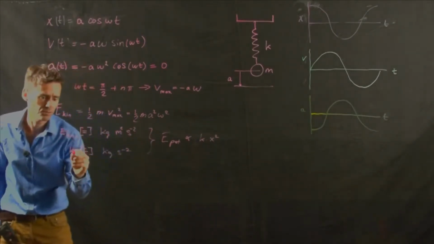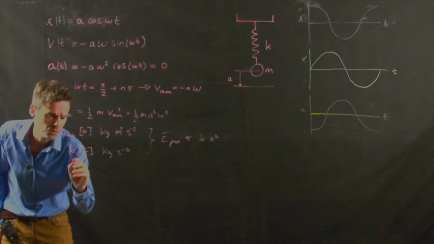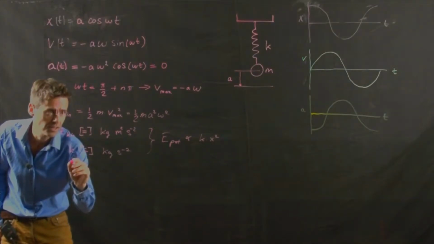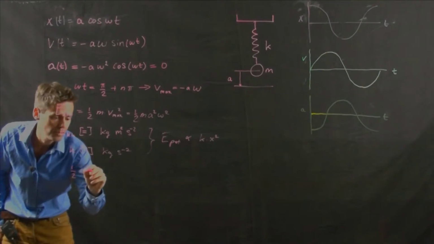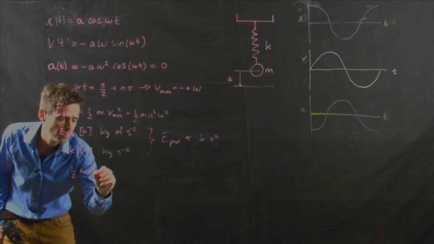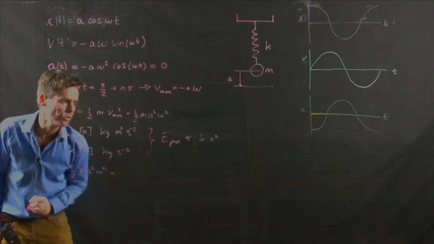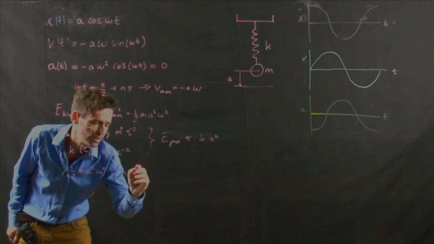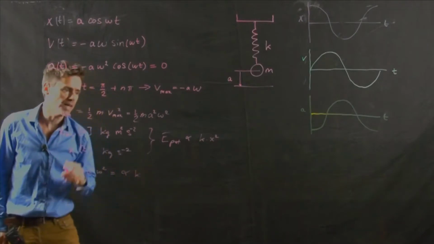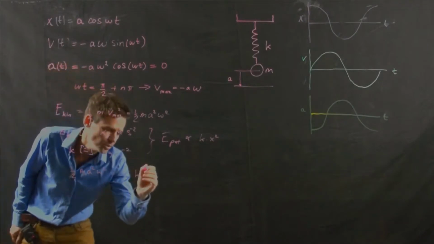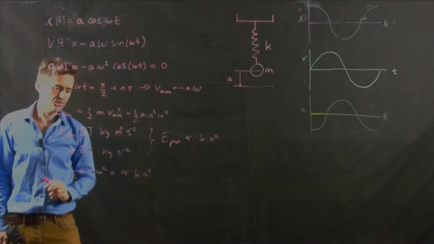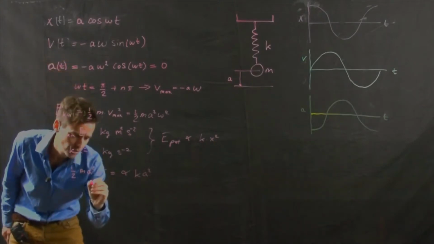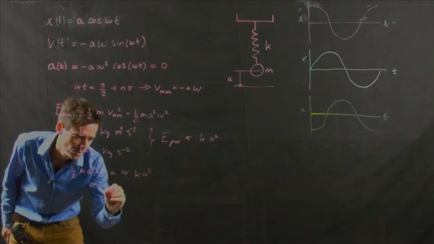So then we calculate the following. We equate the kinetic energy and the potential energy, which means that 1/2 m a squared omega squared is equal to this proportionality constant alpha times k, and then the maximum extension that we put onto the spring, which is a squared. Now if we combine it with one last thing, we know for the harmonic oscillator that omega squared is equal to k divided by m.